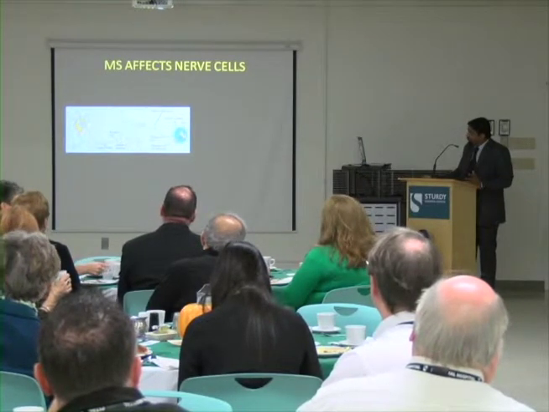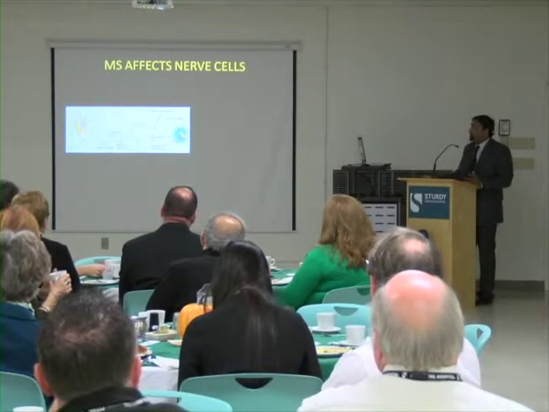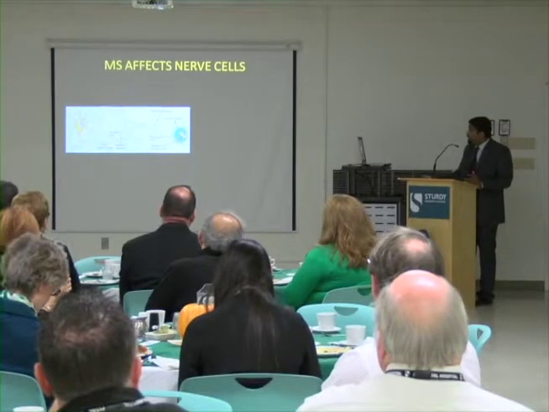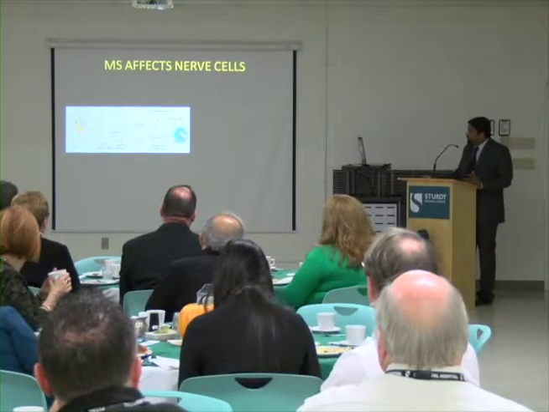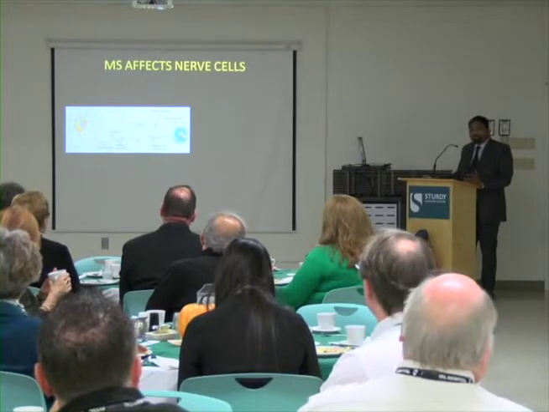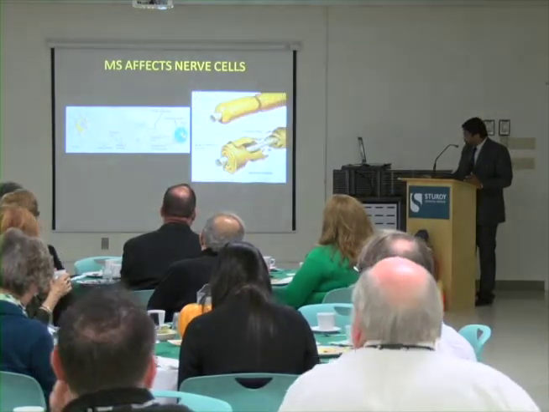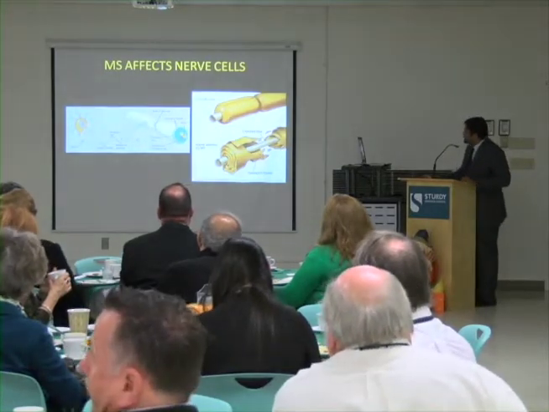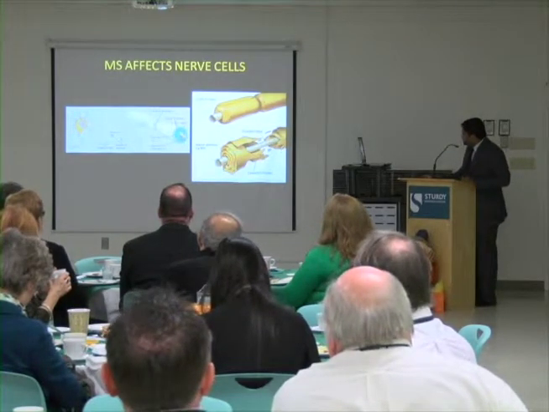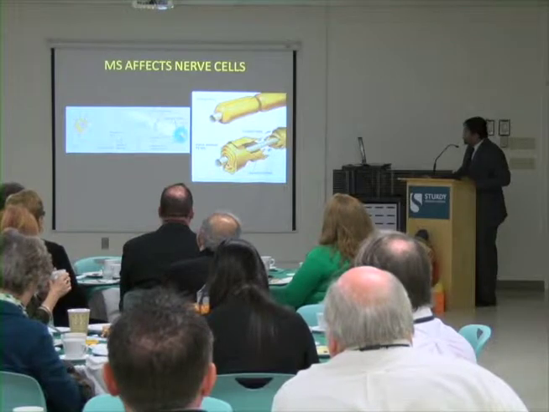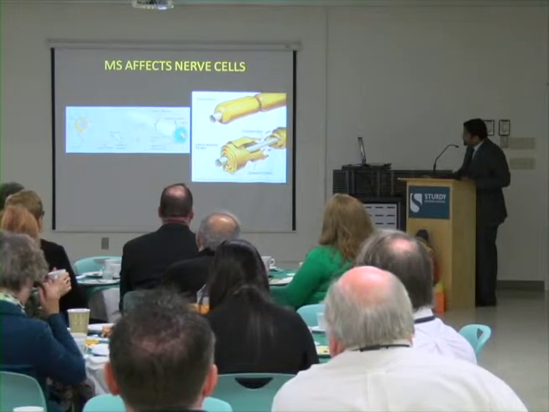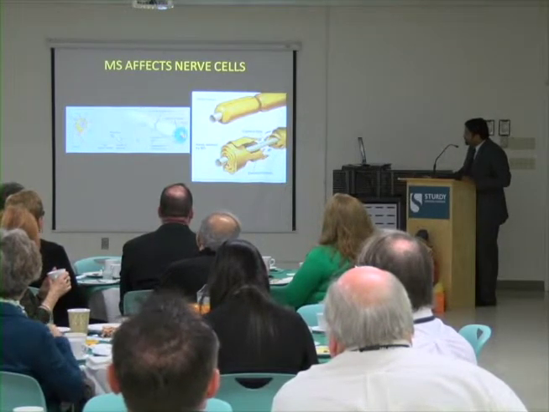Now this cable has an insulation around it, which is also known as myelin. It is this insulation, this myelin sheath, that is affected in MS by these immune cells. And what happens is that this myelin sheath, which is normally encircling the cable or the axon, gets damaged and the axon becomes exposed.